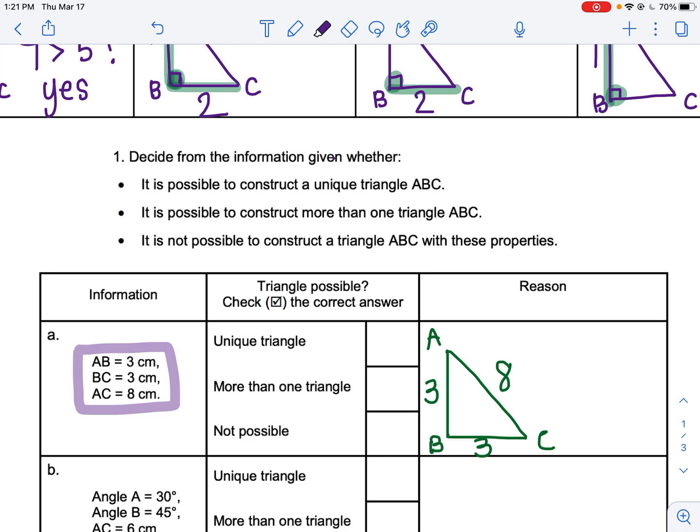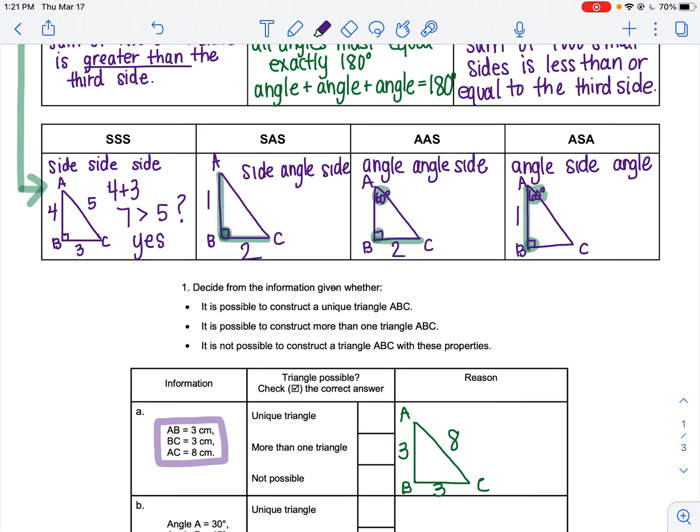I got all of that information from right here in this box, okay? So this looks like I'm given 3 sides. So my unique triangle properties tell me SSS, side, side, side. That means I have to add the 2 small sides together. So I'm going to take 3 plus 3, and that gives me 6. That has to be greater than the side left over, or the larger side, which is 8. 6 is not greater than 8.